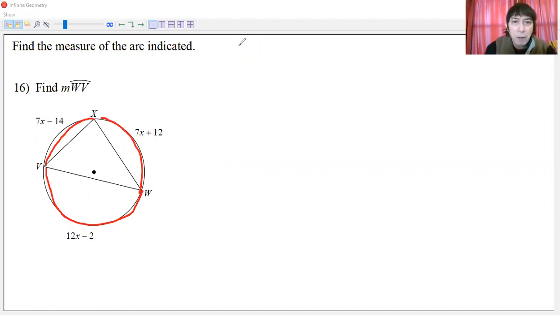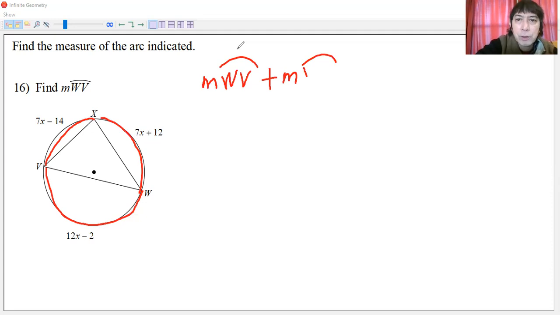So we will have our working equation: arc WV plus the measure of the next arc VX plus the next arc XW must be one full circle. This is our working equation.